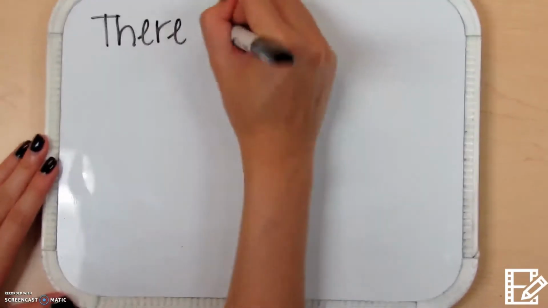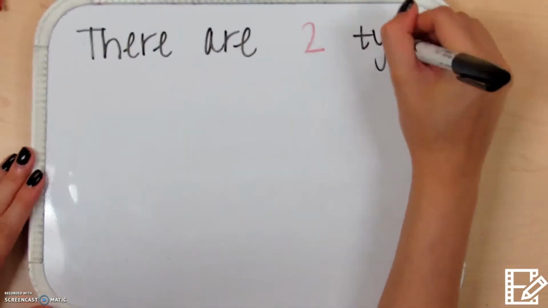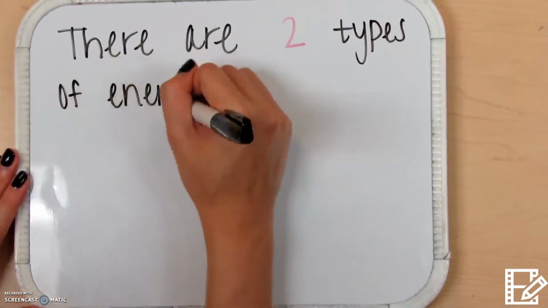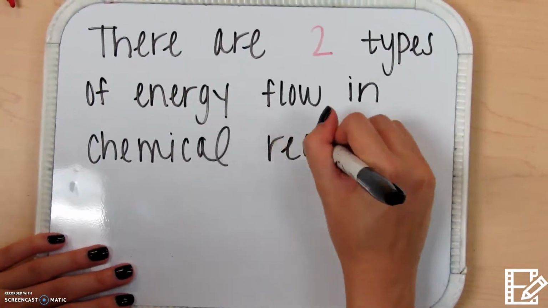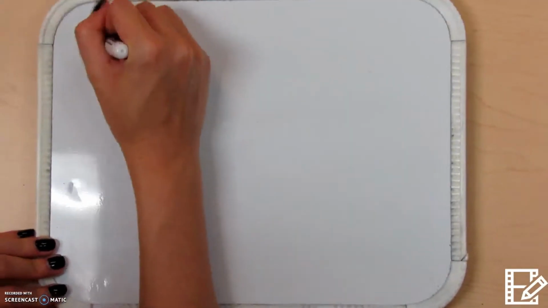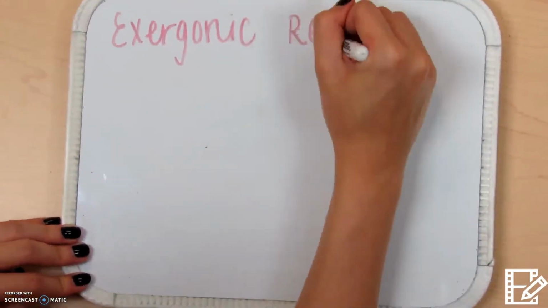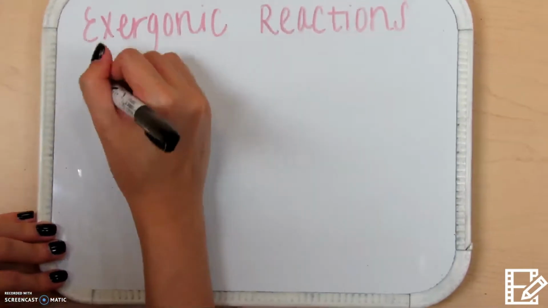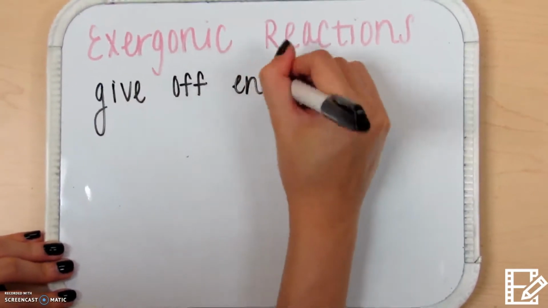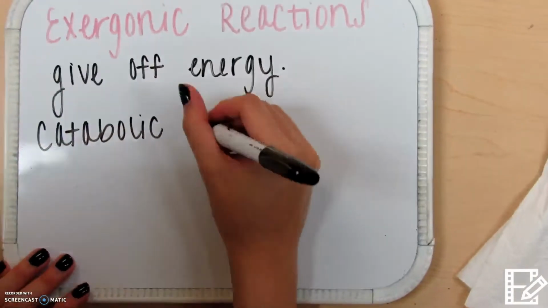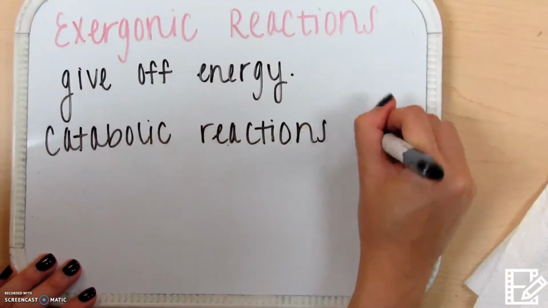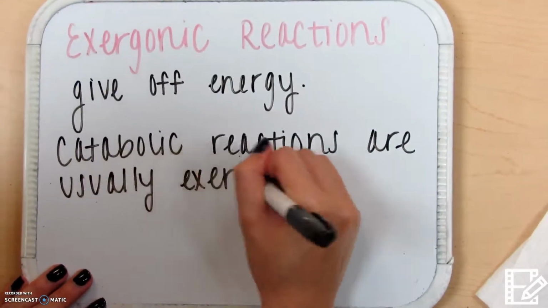The next part is energy flow in chemical reactions. You have two parts to this: exergonic reactions and endergonic reactions. Exergonic reactions give off energy. These are catabolic reactions.